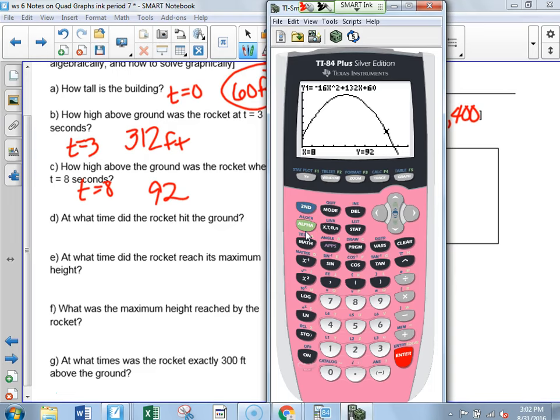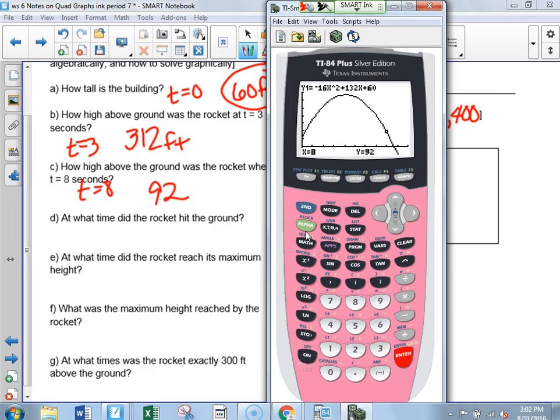Go to y equals, go up onto that and hit enter twice. Now it's off. Okay, see it's not lit anymore. Now you should be able to go trace.